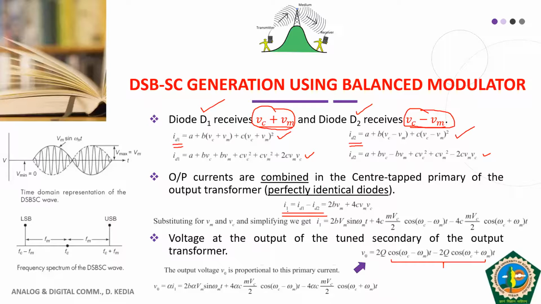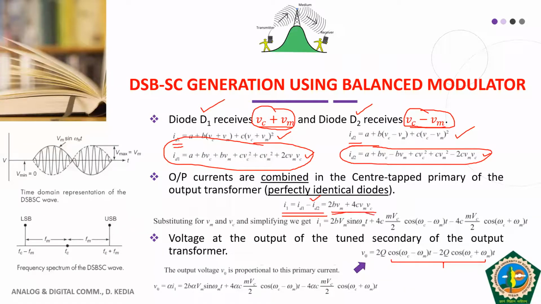That's why the resulting current in the primary of the output transformer is ID1 minus ID2. If you subtract this expression and this expression, you get 2B VM, that is the modulating signal, plus 4C VM VC.